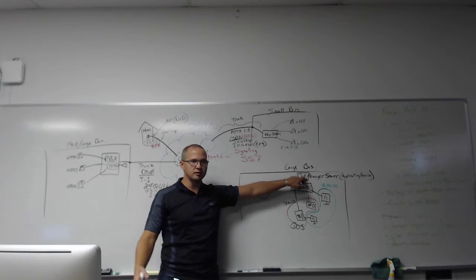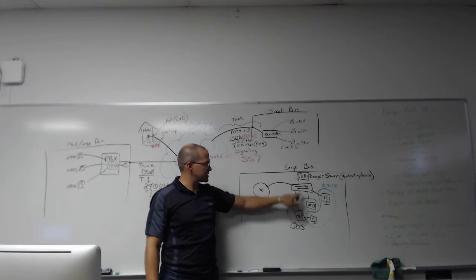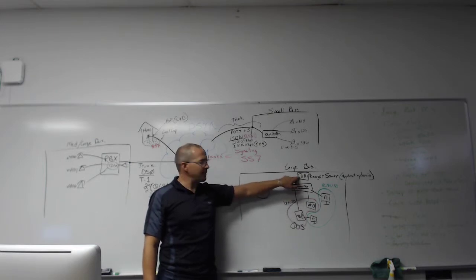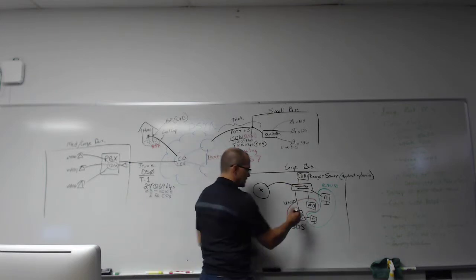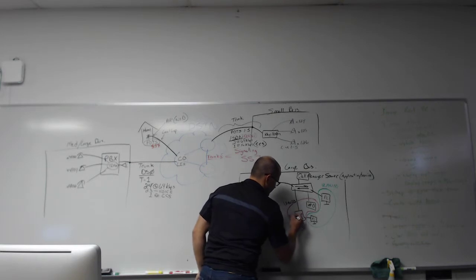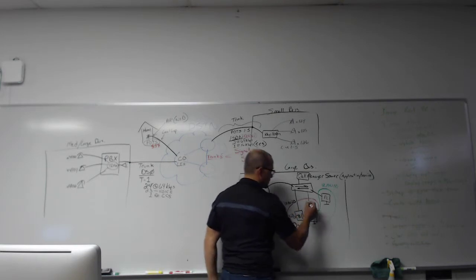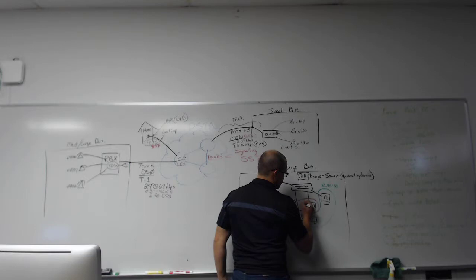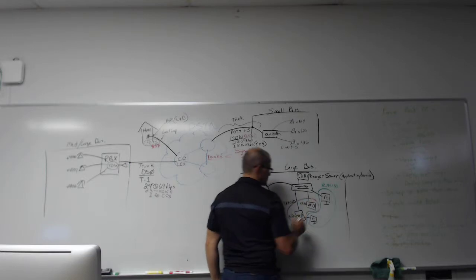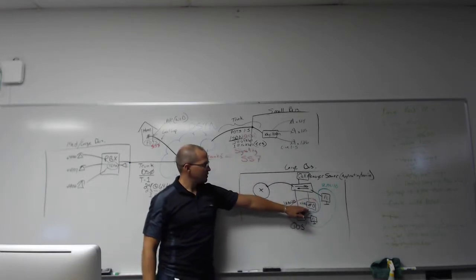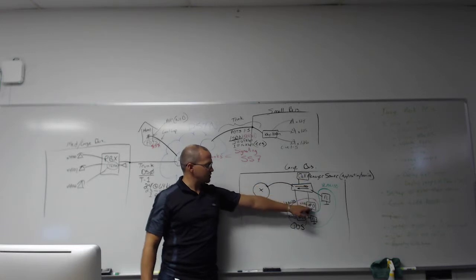I want to be part of your telephone network. And this phone does the same thing. Then the call manager assigns an extension. So you're going to have extension 2101 and extension 2102. So the call manager assigns extensions.